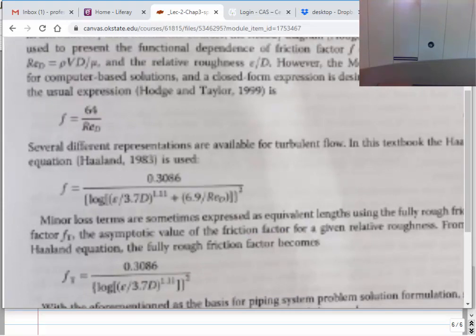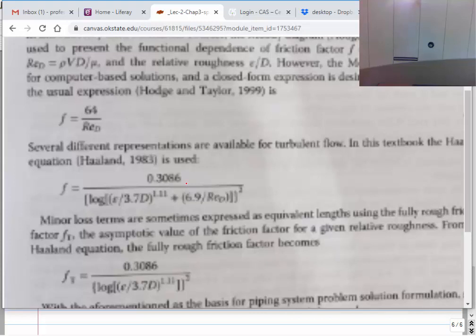You have 0.3, and then epsilon over D over here, epsilon divided by 3.7D, and the Reynolds number. There are a bunch of formulas. Haaland is the famous one. Colebrook is also the Moody chart, but it's implicit. There are explicit formulas that are not as accurate, like Swamee and Jain. There are all those formulas to calculate the F from. Or you can just open the Moody chart and read the number. Okay?